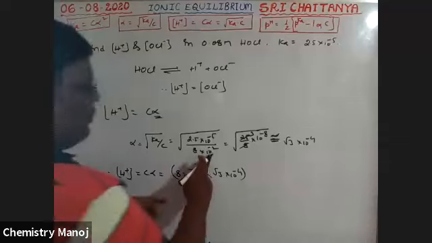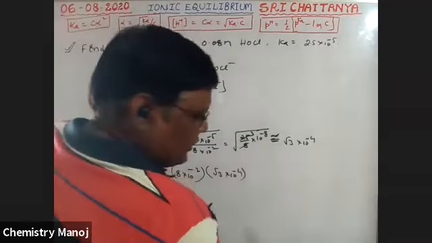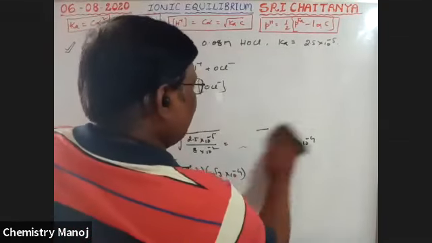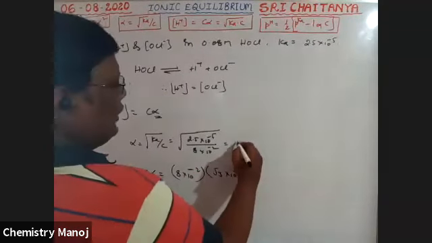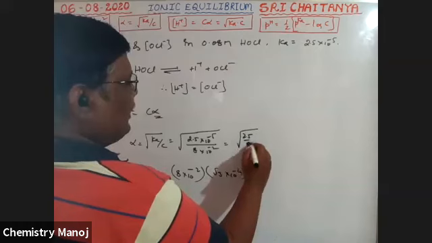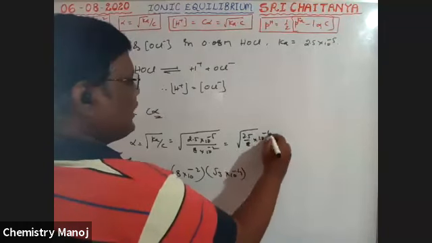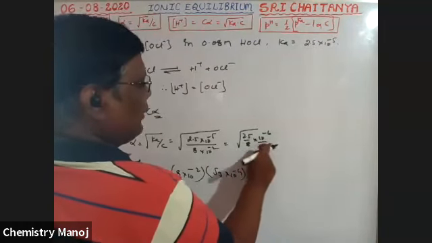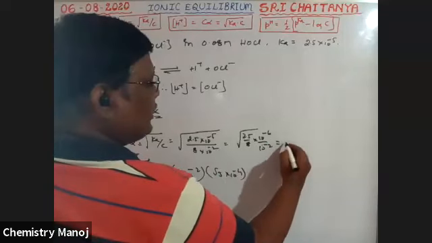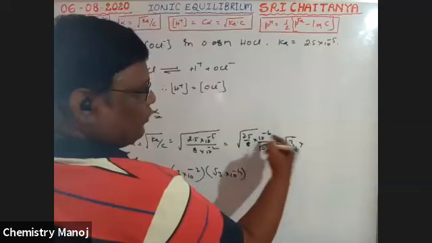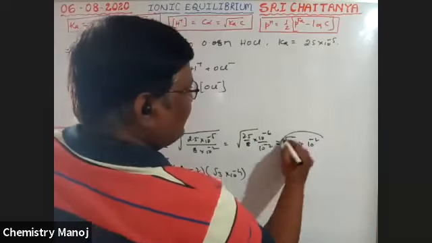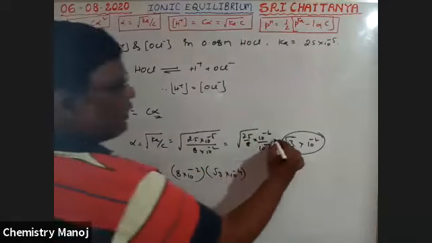Just a minute, boys. Here there is a calculation mistake. It is 25 by 8 into 10 power minus 6 by 10 power minus 2, which is equal to root 3 into 10 power minus 4. It's correct, roughly.